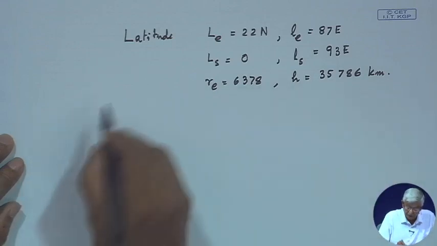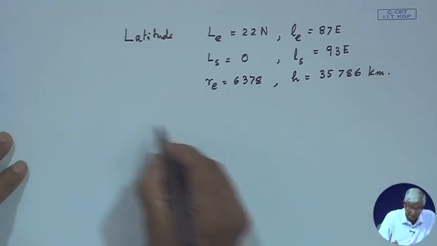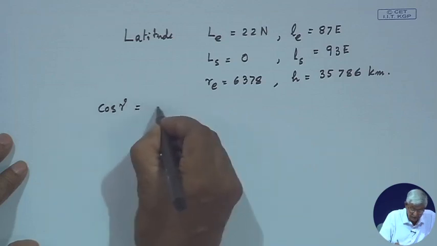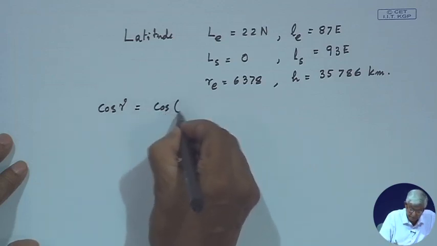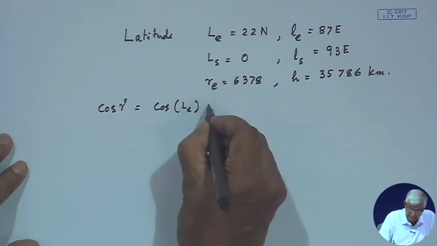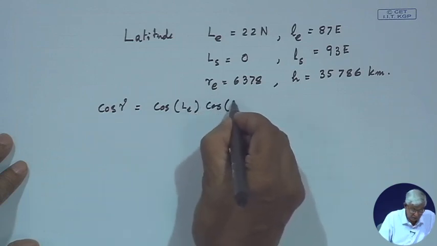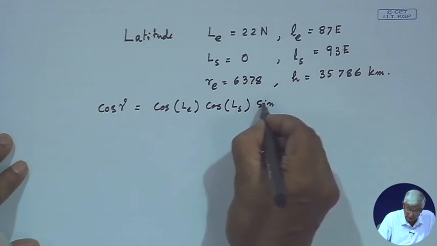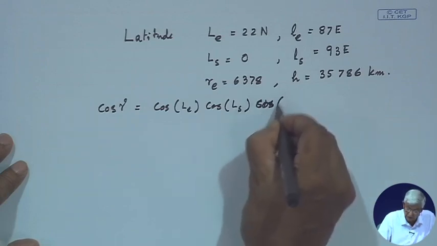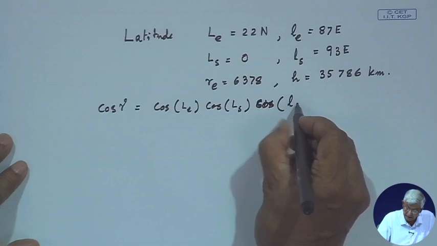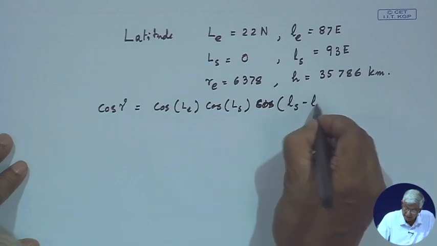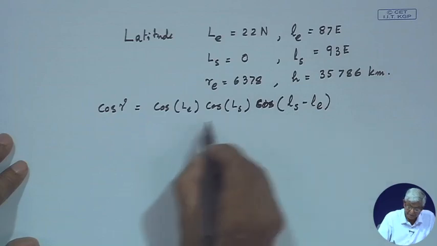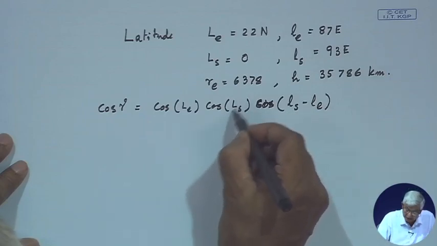So, to find out all these things, first we have to find out gamma, and if you remember, cos gamma is equal to cos of L E cos of L S plus sin L E sin L S, times cos of small l S minus small l E. It is immaterial whether L E minus L S or the reverse, because it is cos, and L S is 0.